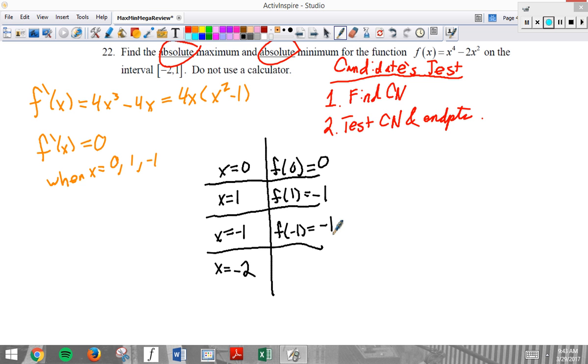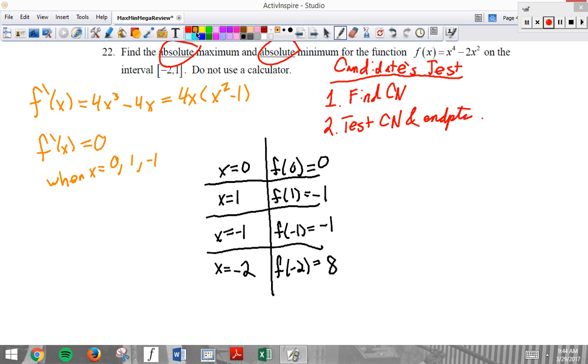Also negative 1. And f of negative 2. Let's see. 16 minus 8. 8. That's it.